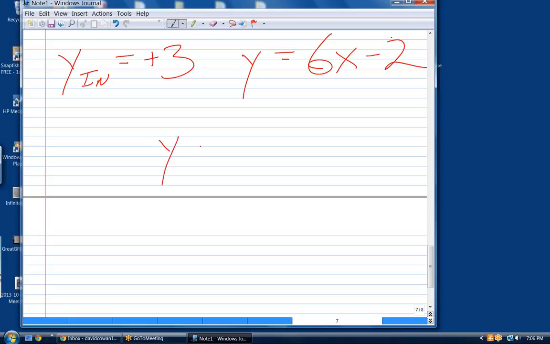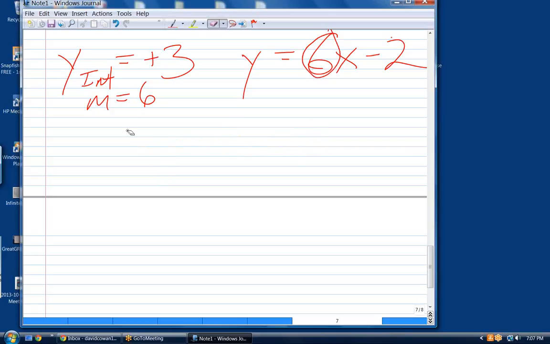Well, if it's parallel, then it'll have the same slope. Exactly. So you would just do this in slope-intercept form, and you would find the slope from the other equation. So we know the slope is 6. So 6x plus 3. Exactly.